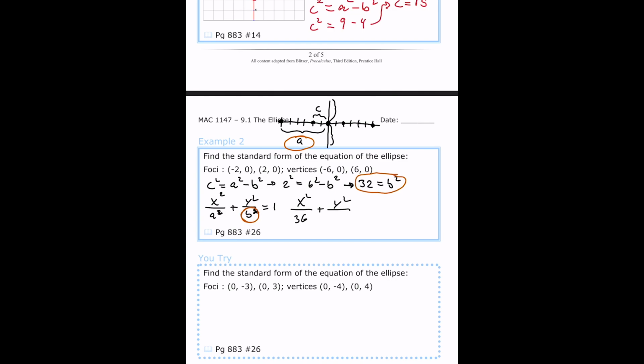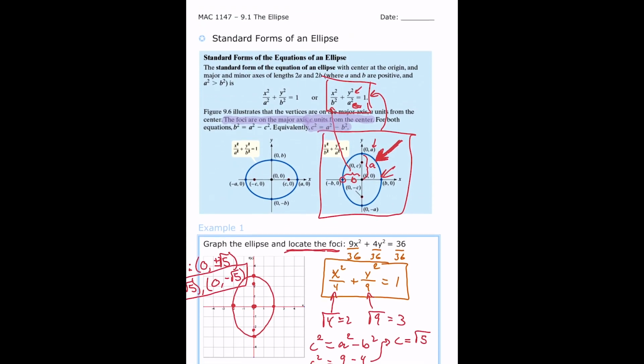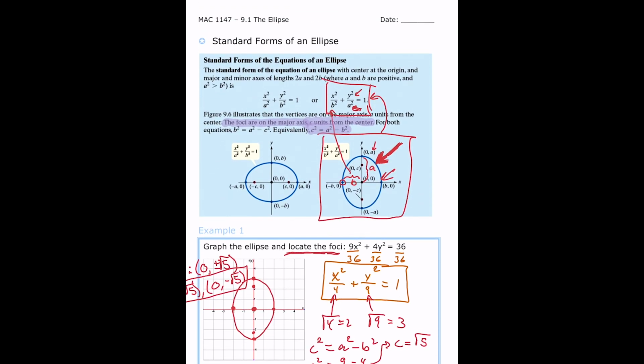What I need is b squared, and I already know what that is. It's 32, so I can write in my 32 there, set it equal to 1, and we have in standard form the equation of our ellipse. Let's just make sure that we're writing that in the right form. Standard form for the equation of an ellipse. There they are, looking good.